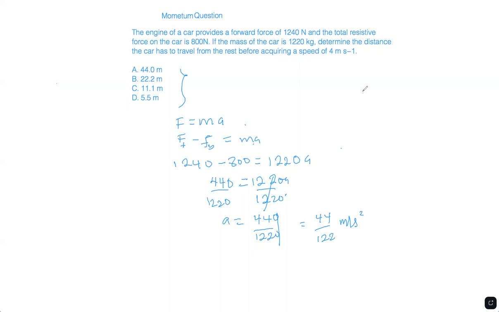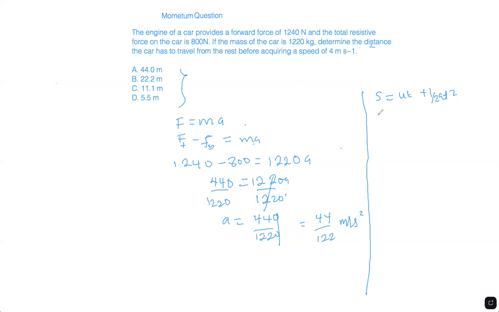Now we know what the acceleration is, but we're actually asked to calculate the distance. So we go back to our Newton's equations of motion. Let's look at those that involve distance. X is equal to ut plus half at square.